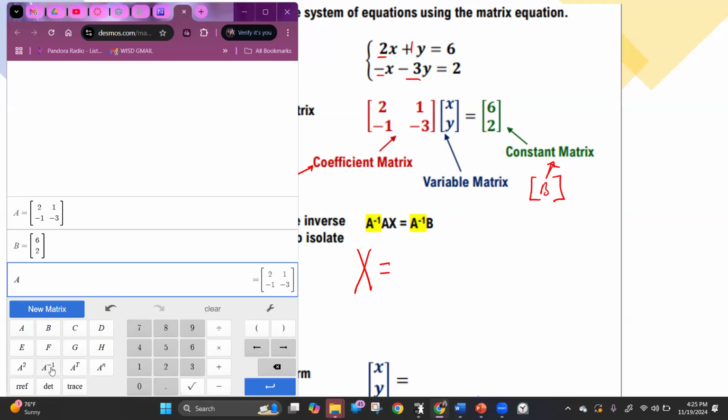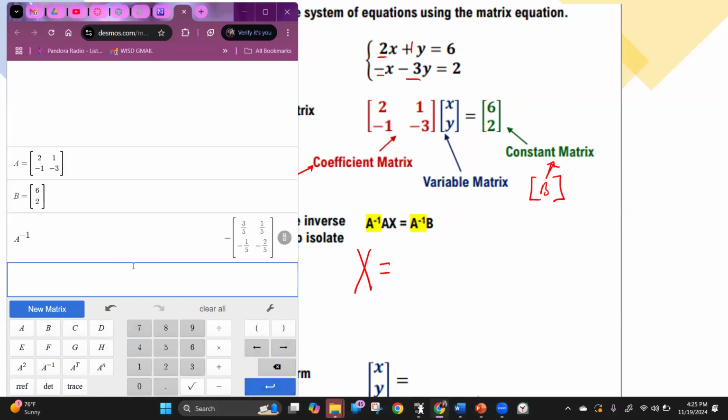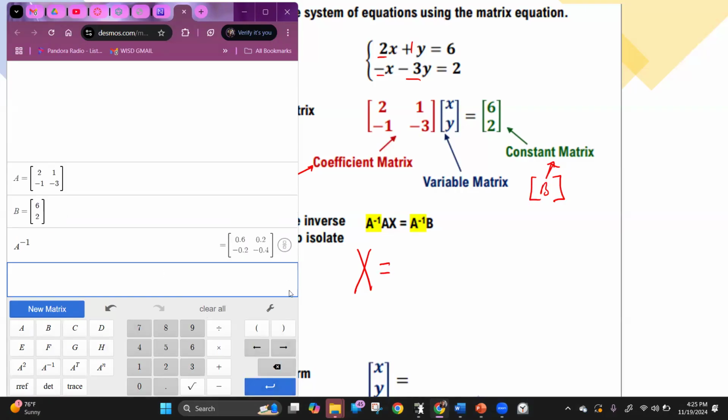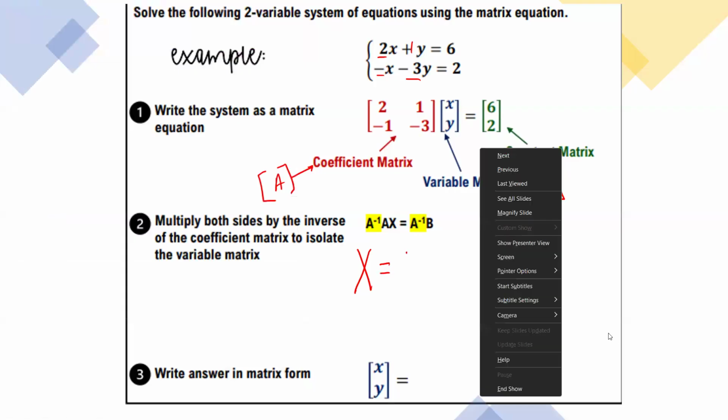I press A, then inverse, and it asks if you want it in fraction form. You can also get fractions by pressing the fraction button. Now I have the inverse of A. I can also take away fractions. So for the inverse of A, we end up with the matrix.